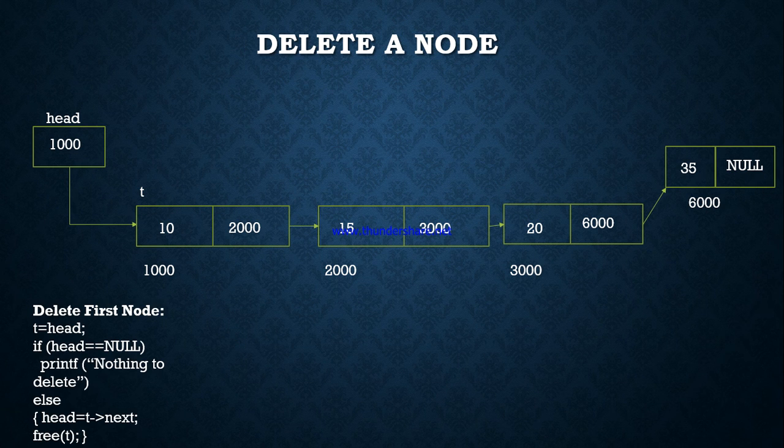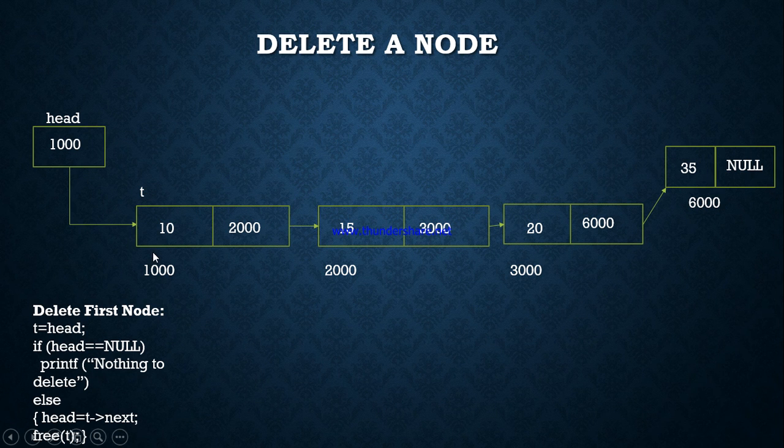T is our struct node type pointer, as I already showed in the previous slide, struct node pointer T. And T equals head. That means T points to the first node, because the head value is 1000, head points to the first node, and T equals head, so T points to the first node.